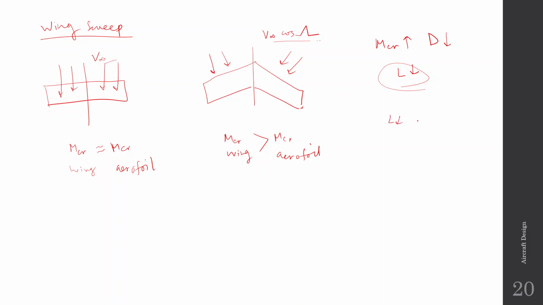So when you are flying close to MCR or at supersonic speeds, usually this is very far above the stall speed. So the low lift does not matter as much.